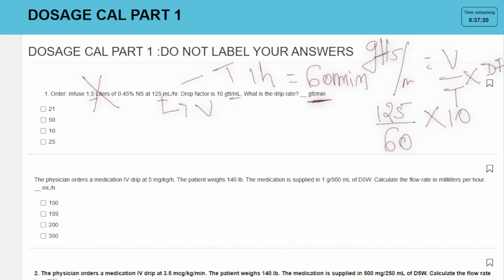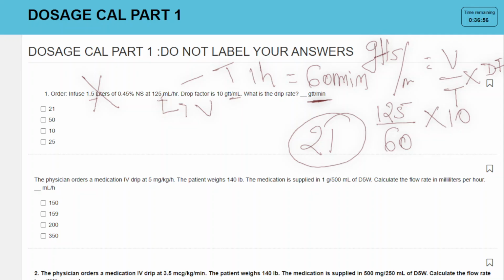You cannot have a fraction of a drip. So once you round 20.8 to a whole number, it's going to be 21. Correct? Okay. 21 drops per minute. All right. So this is how you can solve that.